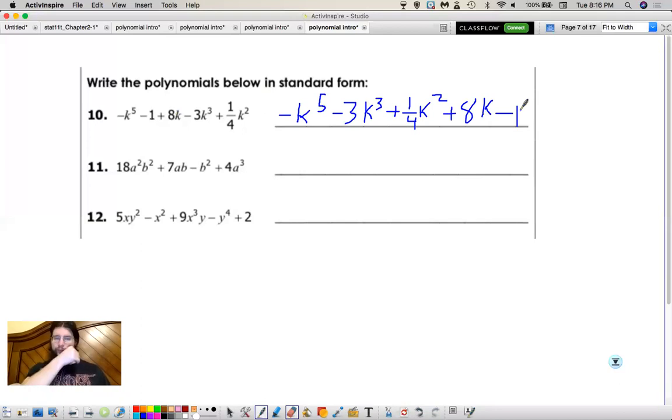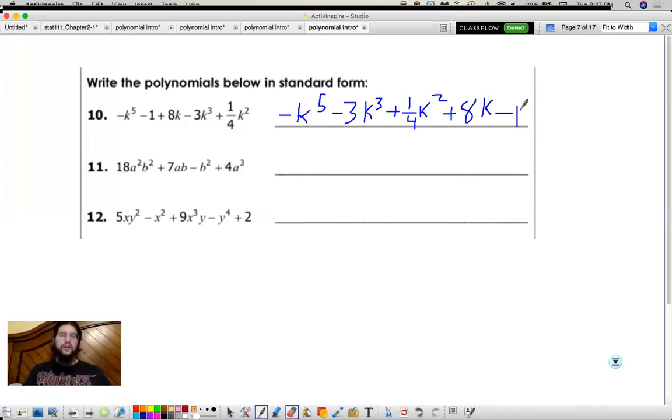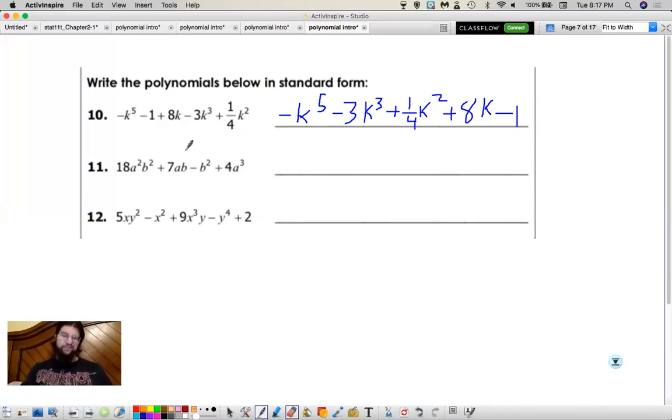Moving on. And of course, you have to have like terms combined. If we look at this next one, you have to decide, or you have to be told, which term is your variable. I'm going to go with a as my variable here. So we're going to pretend b is just a number. So the a is all I'm looking at. So this is going to be 4a cubed because I don't have anything higher.